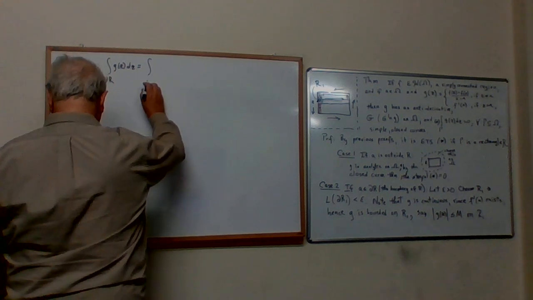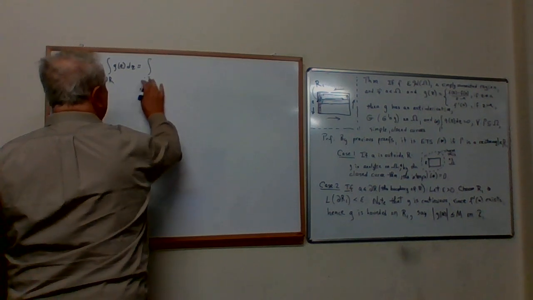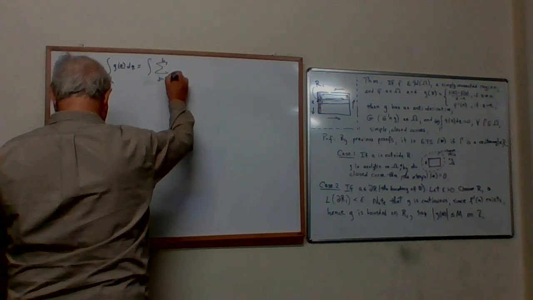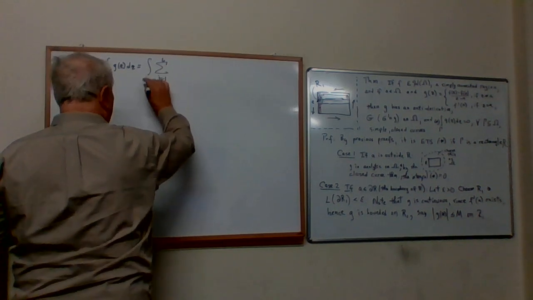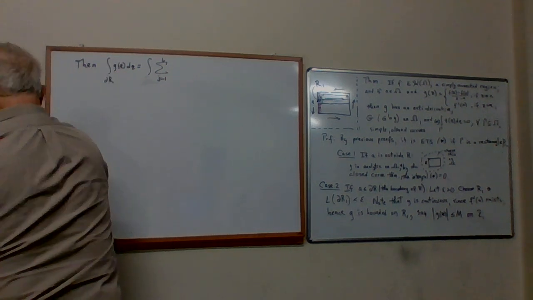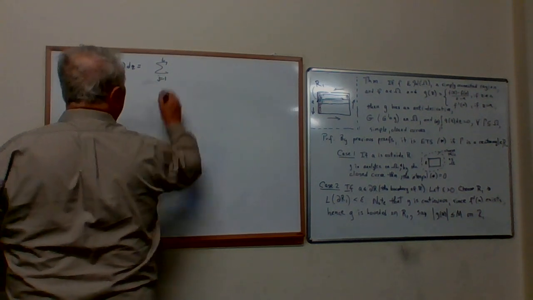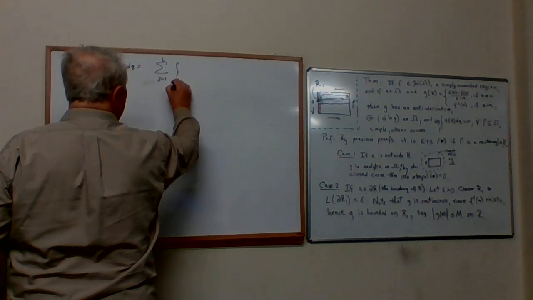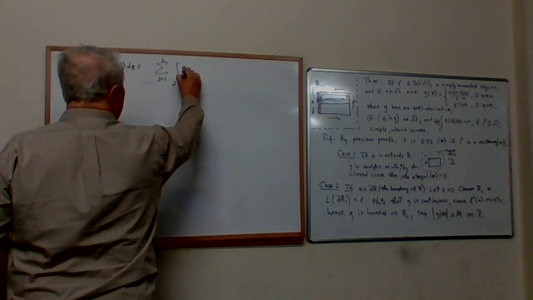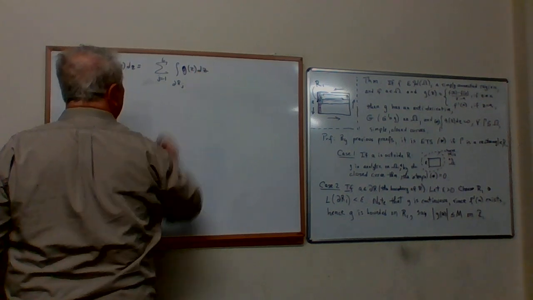So this is the sum from j equals 1 to 6 of the integrals of g of z dz.